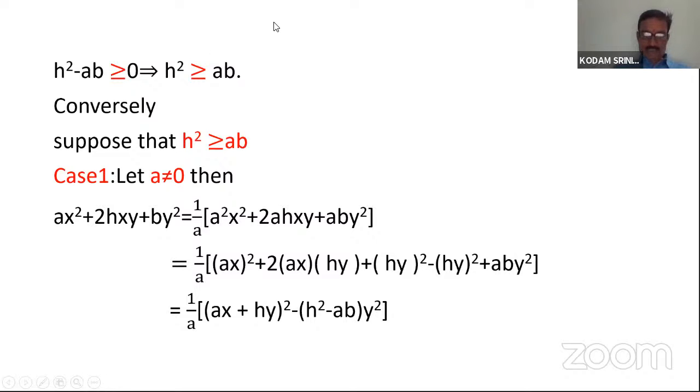Now just see here, we are writing h square minus ab into y square. This h square minus ab can be written as root of (h square minus ab) whole square, just like we can write x equals root x whole square. I am writing this h square minus ab as root h square minus ab whole square.